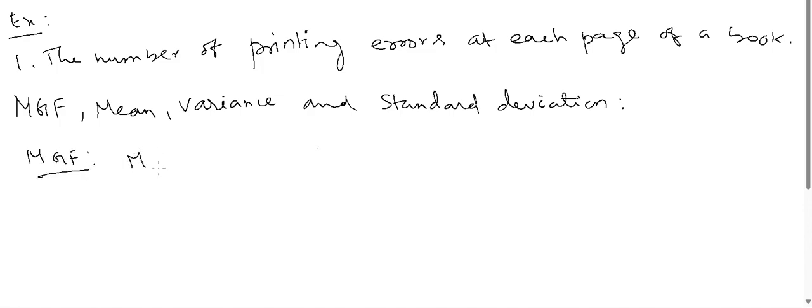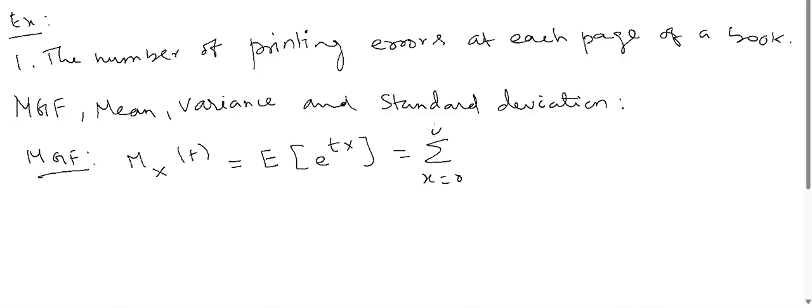Its notation is Mx of t, which equals E of e power tx. That is the sum of e power tx into the probability mass function, since x follows a discrete distribution. So it is the summation over x equal to 0 to infinity of e power tx, e power minus lambda, lambda power x by x factorial.